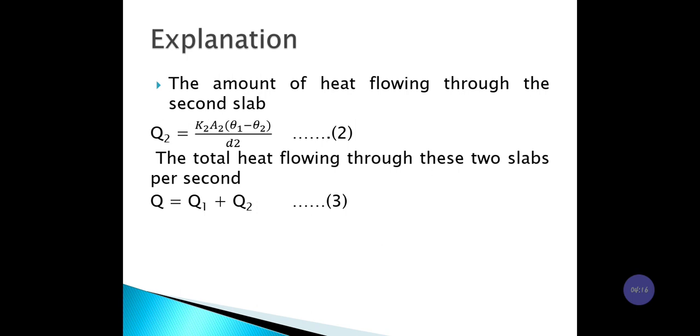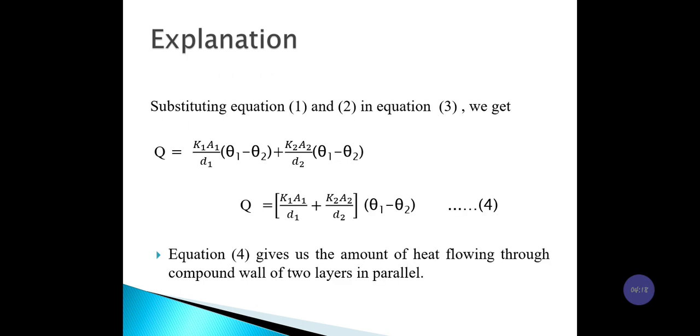Now we know the value of Q1 and we know the value of Q2. Substitute these values in the above equation 3. We get the equation Q equal to K1A1 divided by D1 into theta 1 minus theta 2 plus K2A2 divided by D2 into theta 1 minus theta 2.